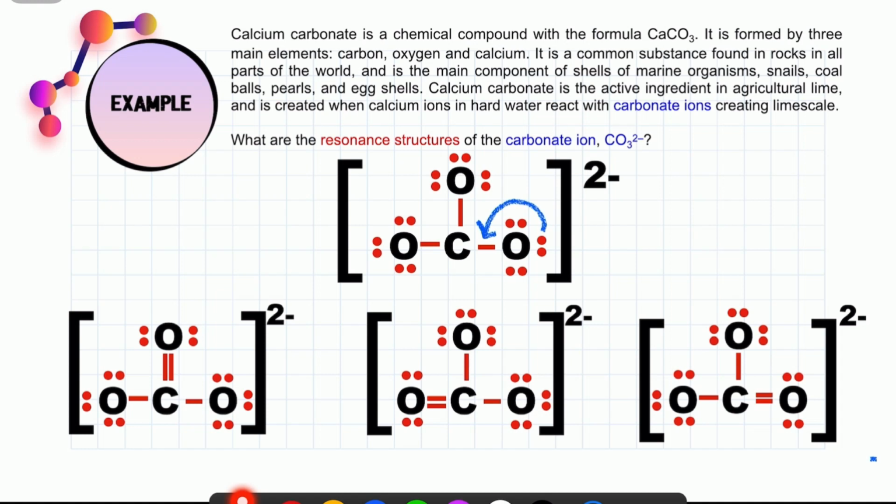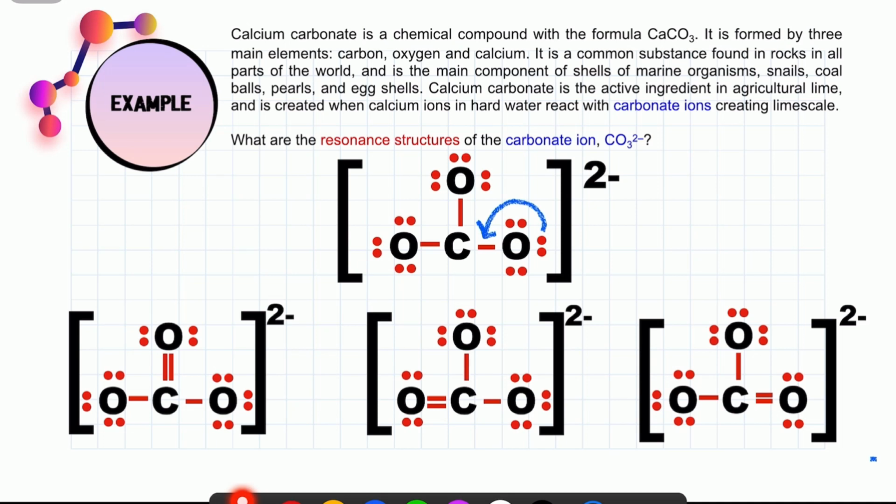So what is the relationship between these Lewis structures? They are resonance structures, because you can see that the positions of the carbon and oxygen are the same, but the difference is the double bond, the bonding pair and the lone pair.